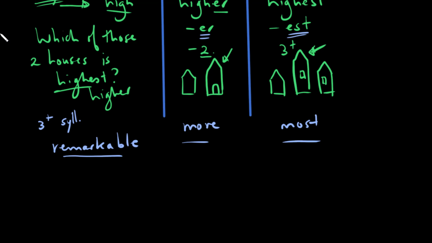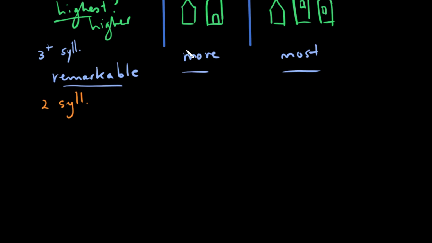The place where it really gets difficult, though, is with adjectives that are 2 syllables long. If our adjective is 2 syllables long, then we can follow either the pattern more and most, or the pattern ER and EST. And it depends on the adjective, which means that you really have to get used to how these adjectives are shaped in English. You can look them up in the dictionary to check, but a lot of times, you have to rely on intuition and on being used to the language.